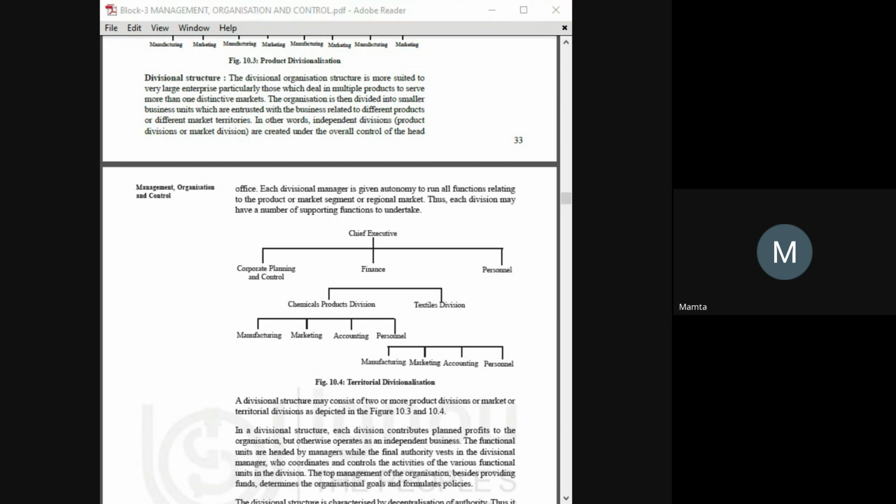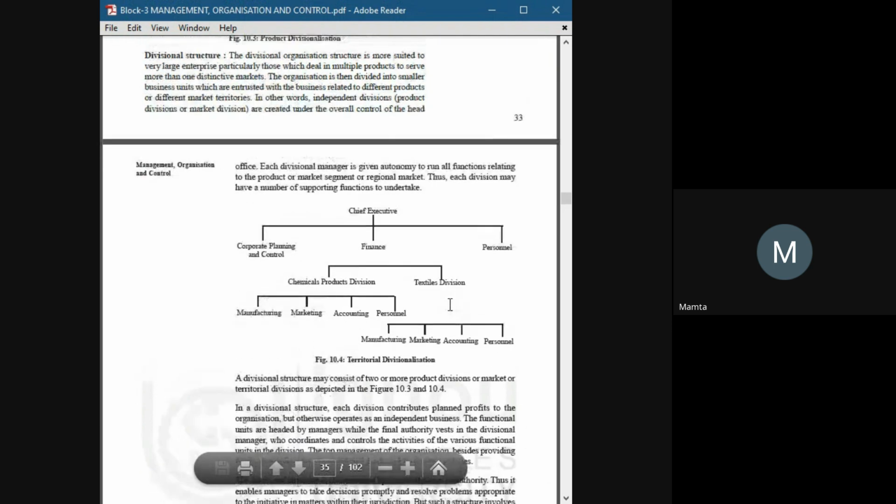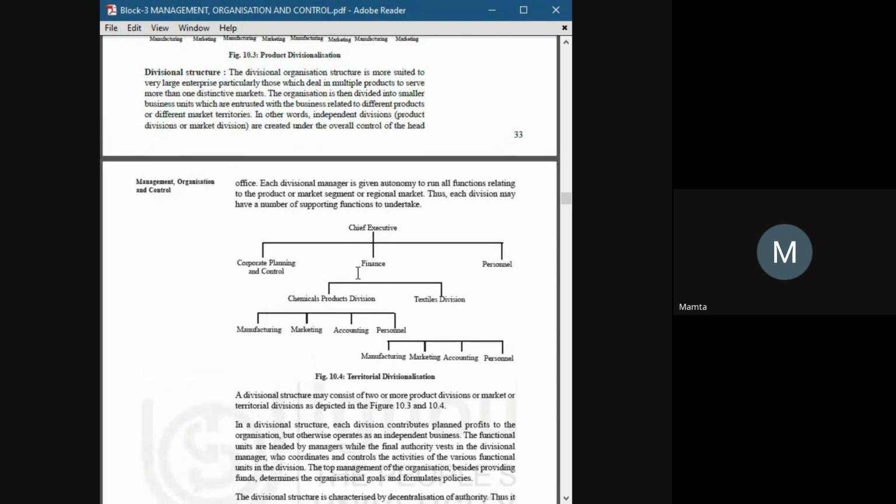The whole divisional structure or some specific question you are asking? Meaning of textile industries.